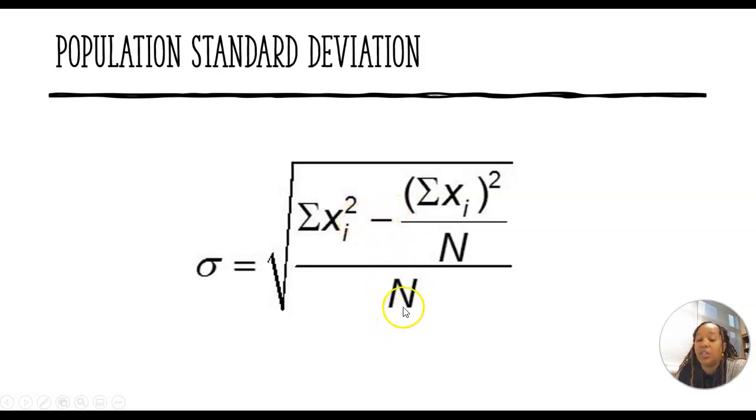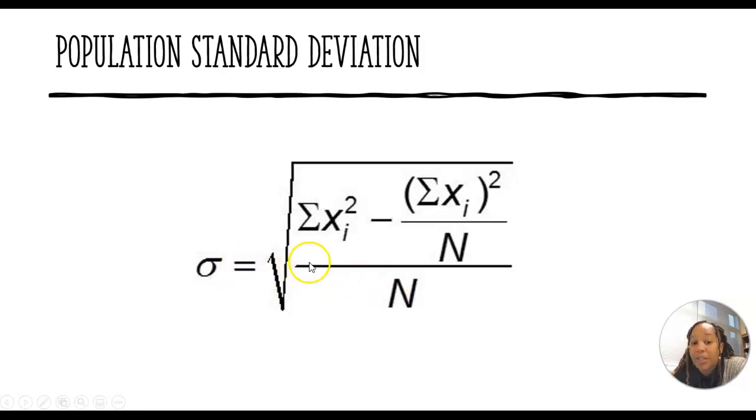The only thing that changes is what you divide the sum of the squared differences of the data point and the mean by. So with the population standard deviation, you divide by the number in the population, versus with the sample standard deviation, you divide by n minus 1, which we'll later learn is called the degrees of freedom, all right?